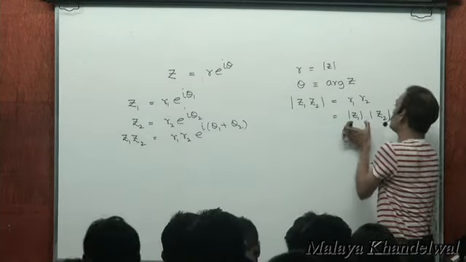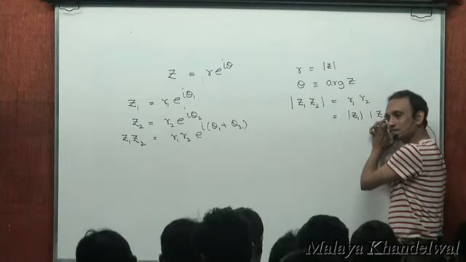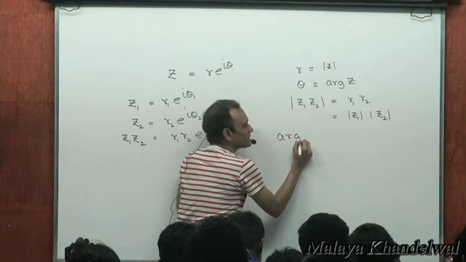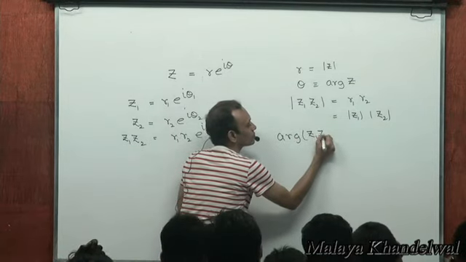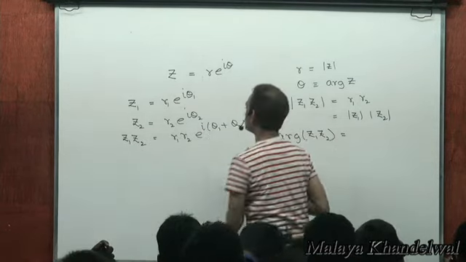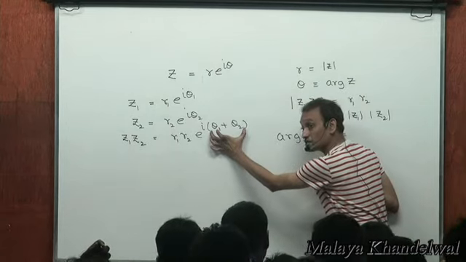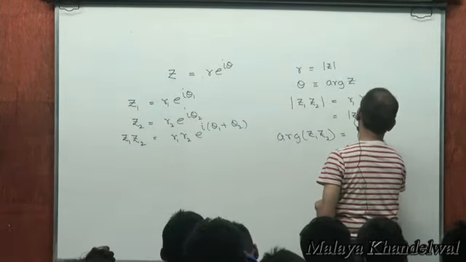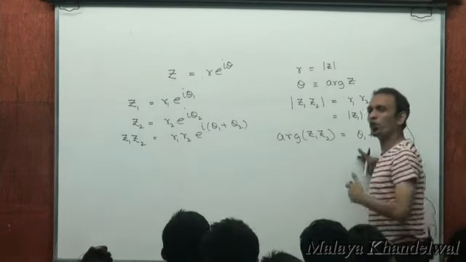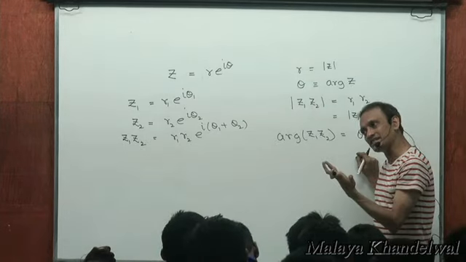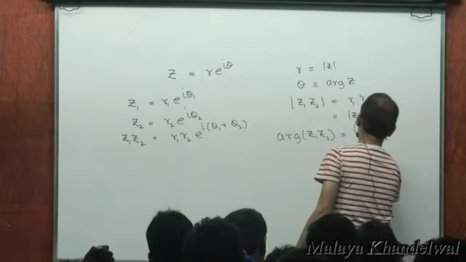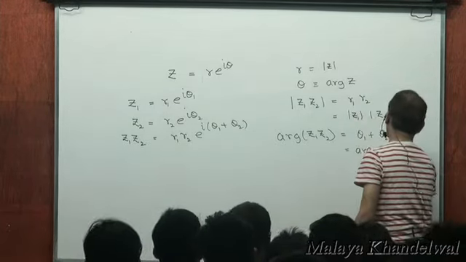So mod z1 z2 would be mod z1 into mod z2, right? Now, argument of this complex number z1 z2 is theta 1 plus theta 2. But what is theta 1? Argument z1. What is theta 2? Argument z2. So it brings us to yet another property.